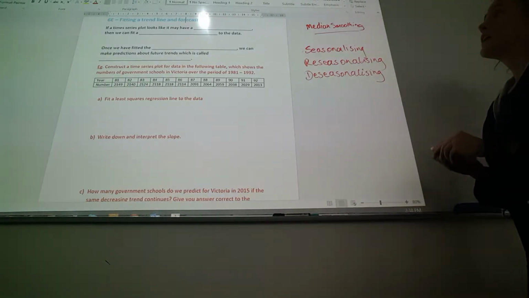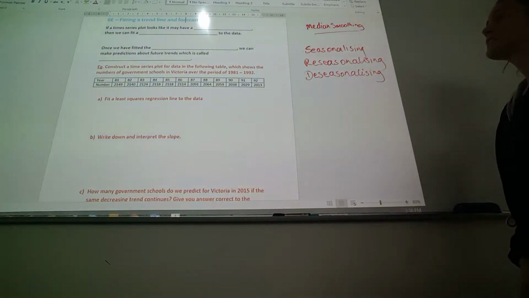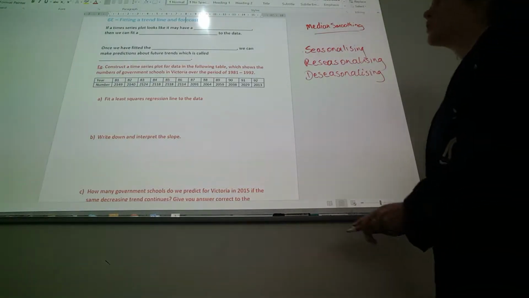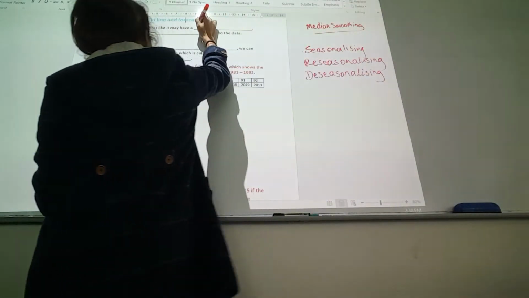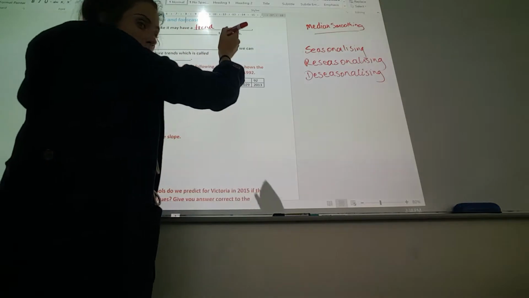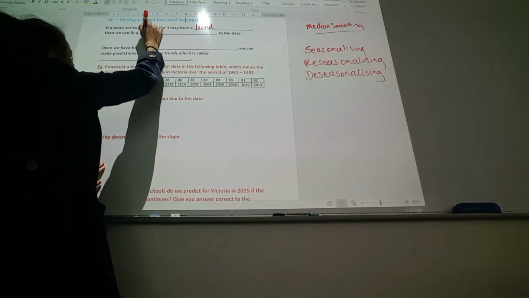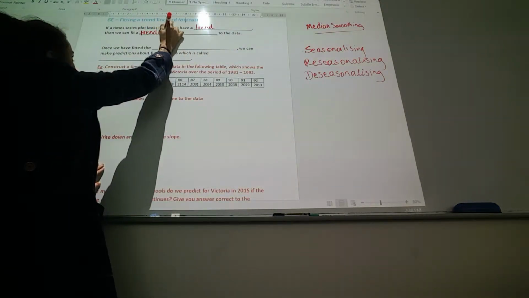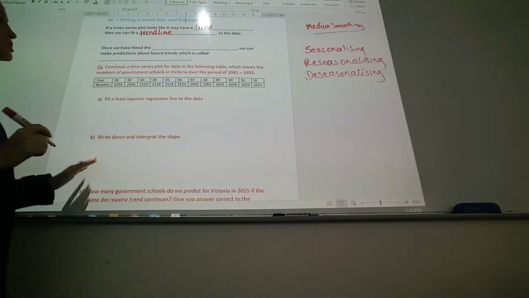Okay, so if a time series plot looks like it may have a trend, then we can fit a trend line to the data.